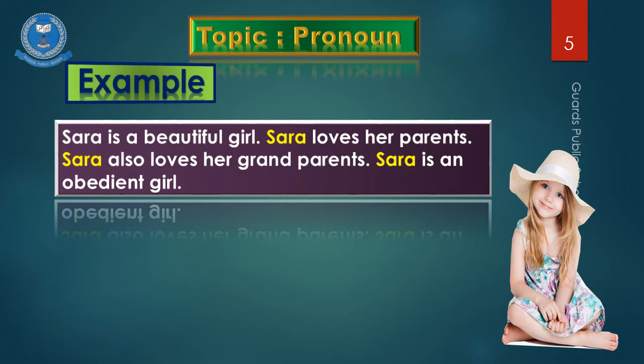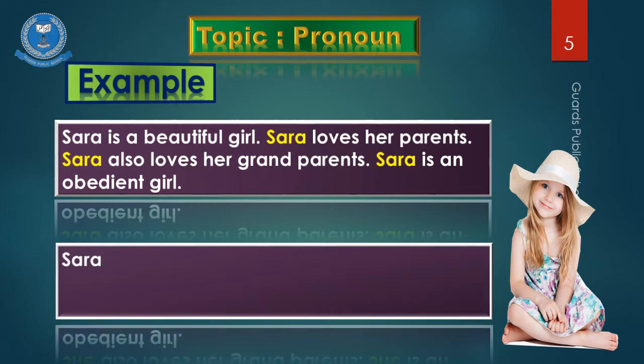The continuous use of the word Sarah created an obstacle in the fluency of speaking, and it also becomes quite boring, isn't it? Yes, it is. So, instead of repeating Sarah, Sarah and Sarah, we can speak the same paragraph in such a way.